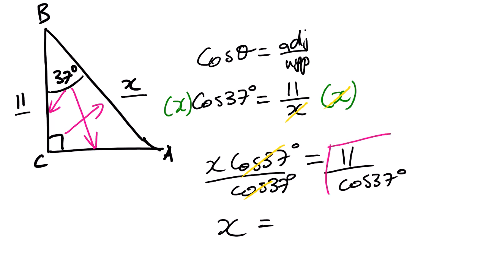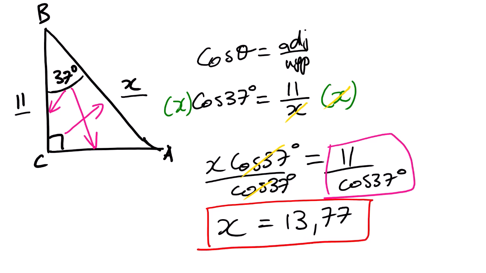You simply punch this on the calculator and you get the value of x as 18.77, rounded off to 2 decimal places. So you can see that the trig ratios, we can also use them to calculate one of the sides, or any side, when you are given enough information.